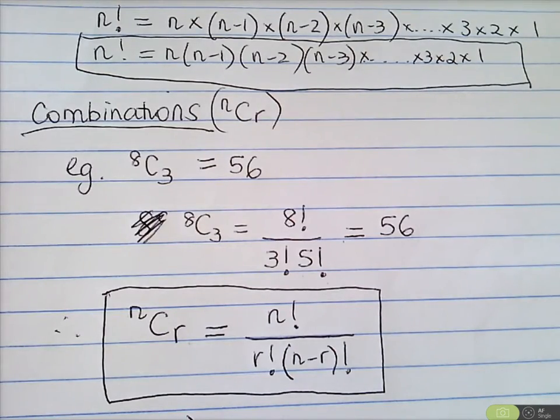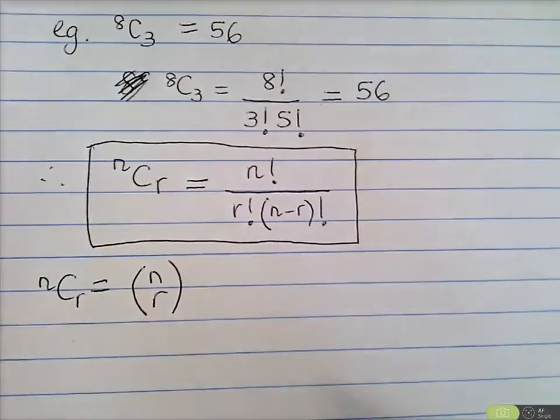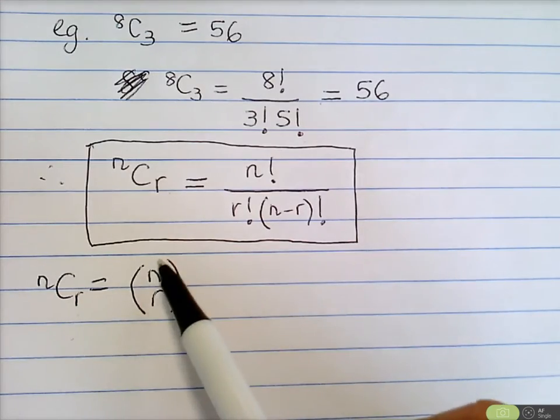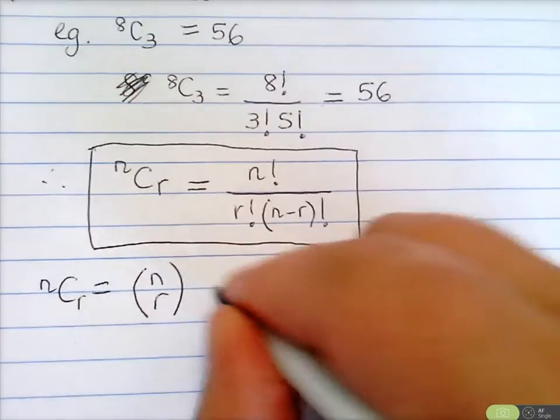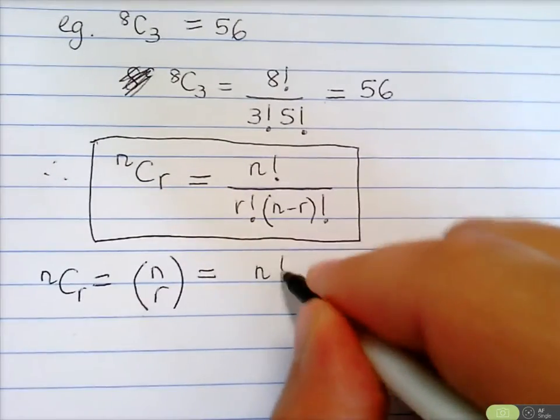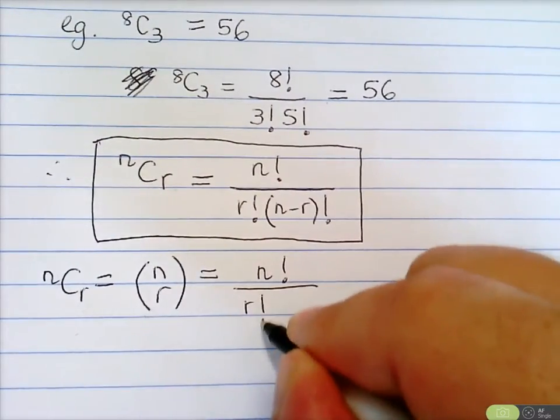That's another way you can write it. This is actually called choose notation. So instead of writing little nCr, it can also be written in brackets, n on r. So that is the choose notation here. I want you to rewrite it again.